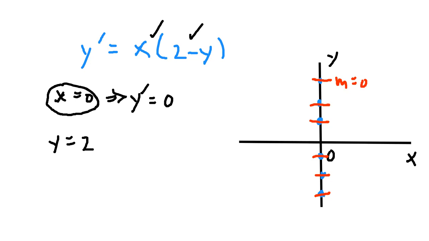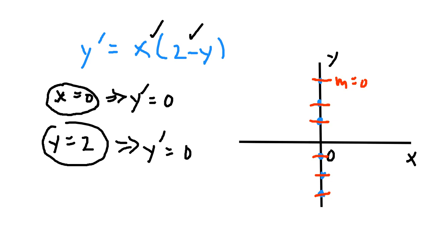If y equals 2, then y prime equals what? 0. That's right. So this means that if this is 2 here, say, and we plot some points all having y coordinates of 2, the tangent lines are flat.